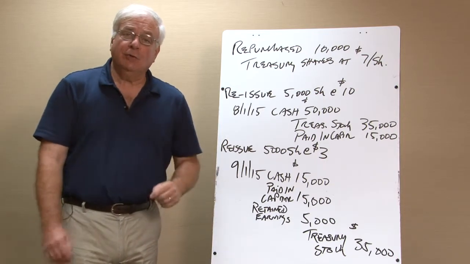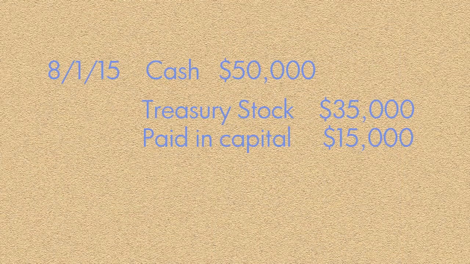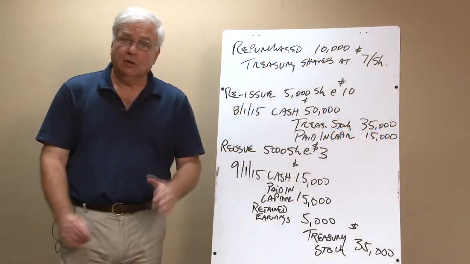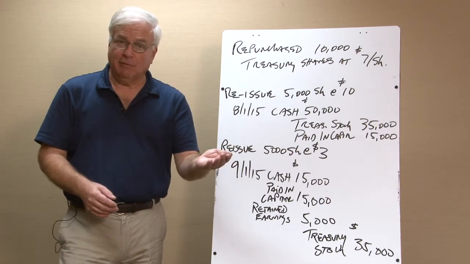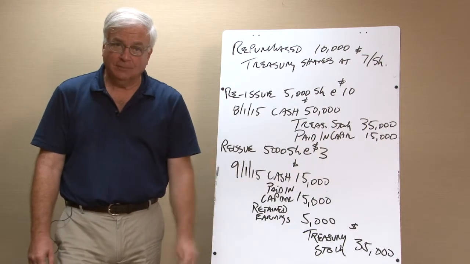All right, the entry to do that is going to bring in cash, of course, from the investors who buy the shares. They're paying $10 a piece, 5,000 shares, so that's $50,000. We're going to lower the treasury stock account down using the $7 cost. $7 times 5,000 shares is $35,000, which is a credit to treasury stock to reduce it down.